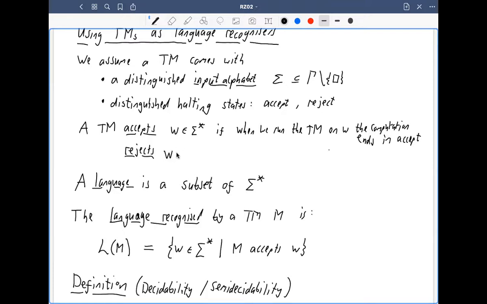And we say that the Turing machine rejects the word W if, when we run the Turing machine on the input word W, the computation ends in the reject state.